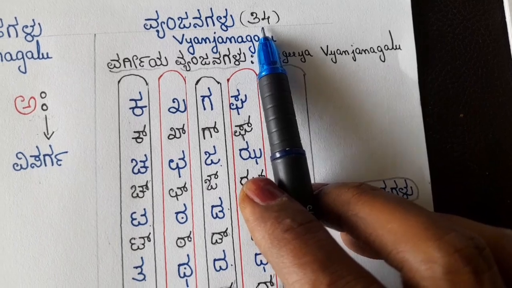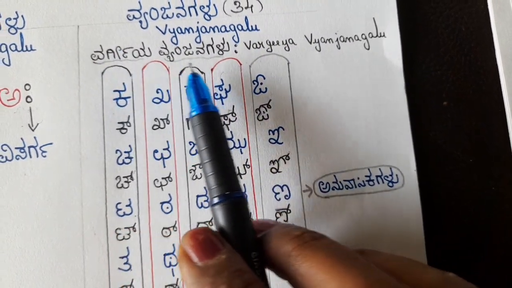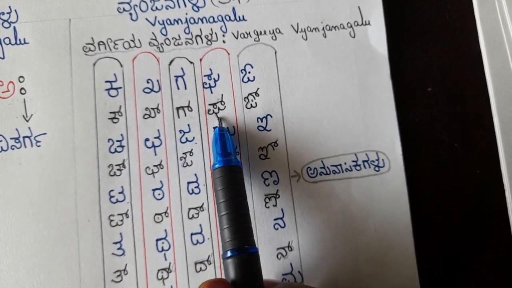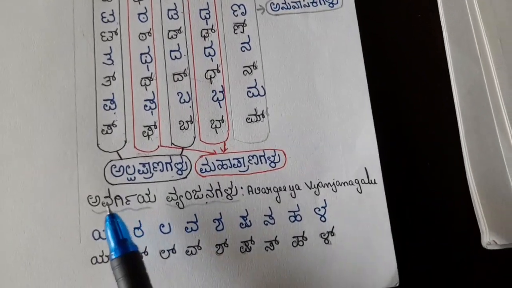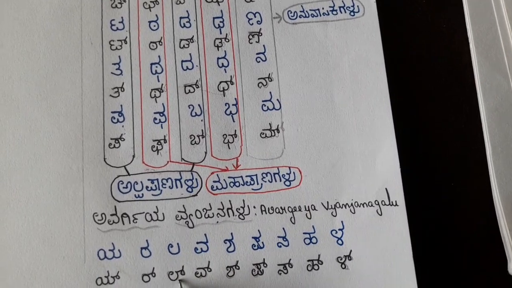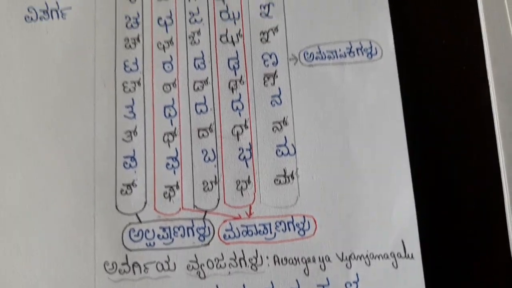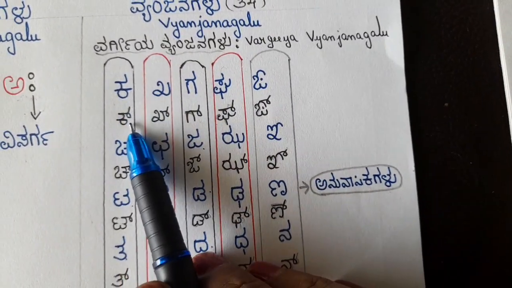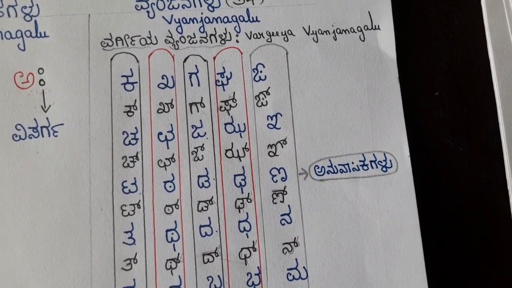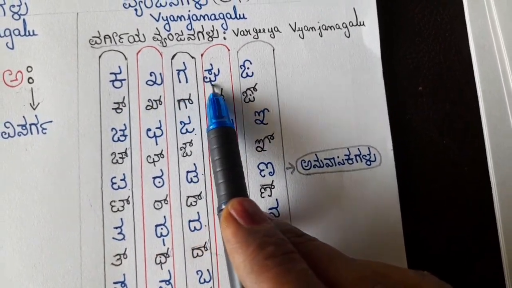Vyanjanagalu are 34 and Vyanjanagalu are grouped into 2. First one is the Vargiya Vyanjanagalu, which is k, kh, g, gh, nya. And then you have the Avargiya Vyanjanagalu, which are ya, r, l, v, sh, sh, s, h, l. Now Vyanjanagalu, when they combine with the Swaragalu, they form the letters like ka, kha, ga, gha, nya.